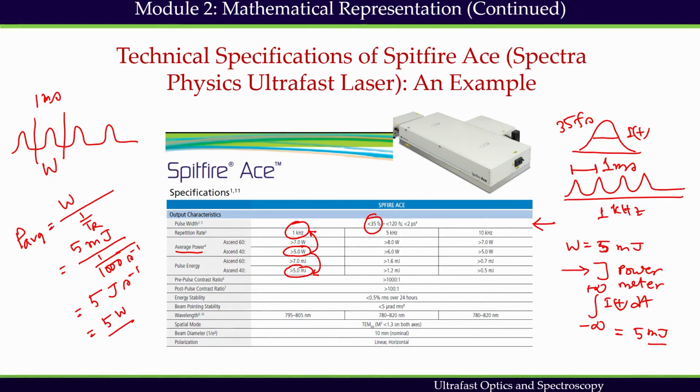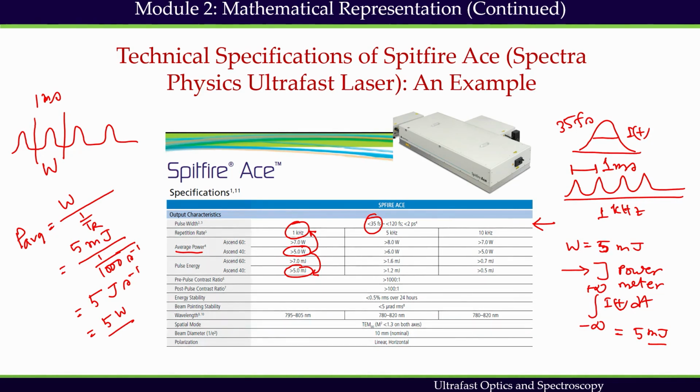And mostly in experiments, average power will contribute to the total thermal heating. On the other hand, peak power will contribute to the nonlinear effects which we see during the propagation of the ultrafast pulse through the medium.